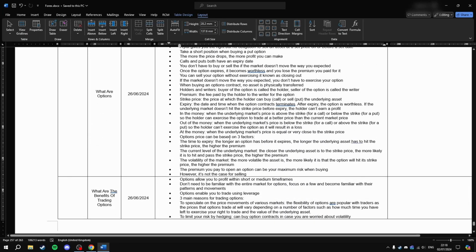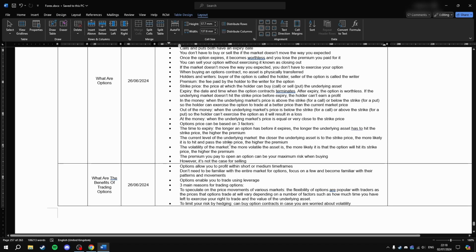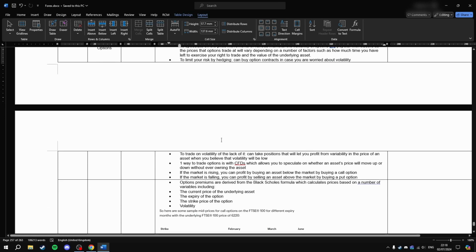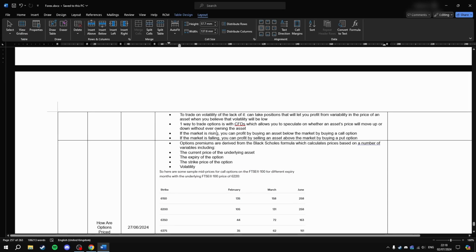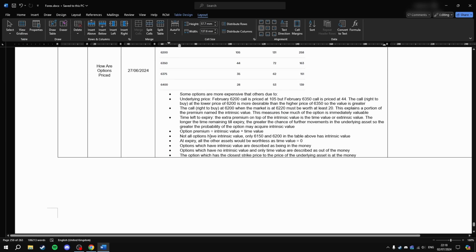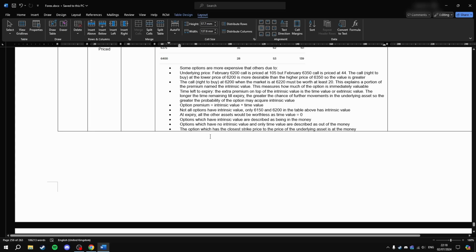Options, time of the expiry. Underlying price, no options of intrinsic value.